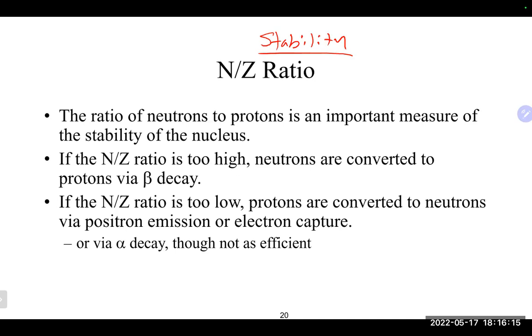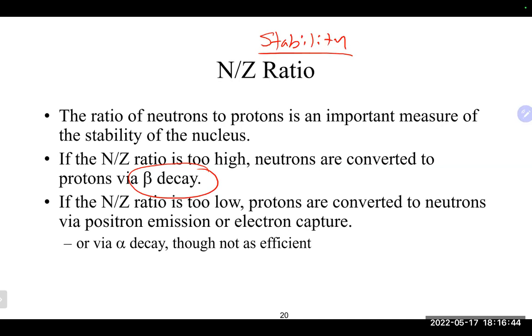So the first thing that could happen is the neutron to proton ratio can be too high. And if it's too high, it will go through a decay process where neutrons are converted to protons, and basically will go through a beta decay. So if you find your ratio is too high, it will go through a beta decay.